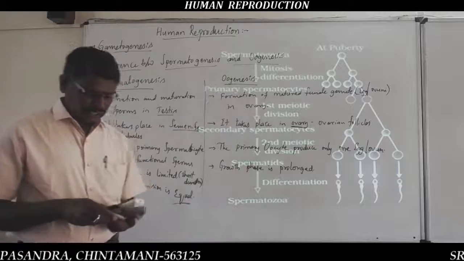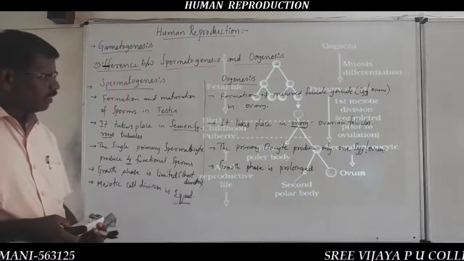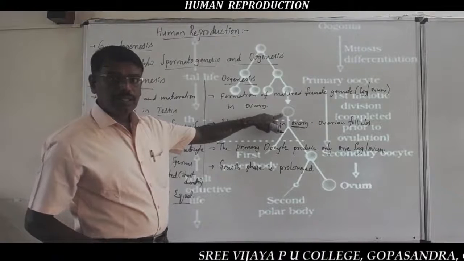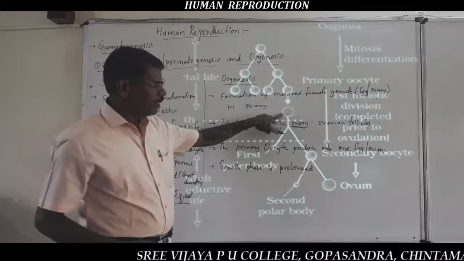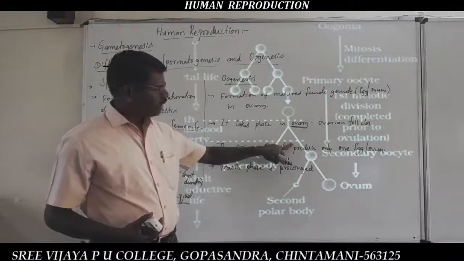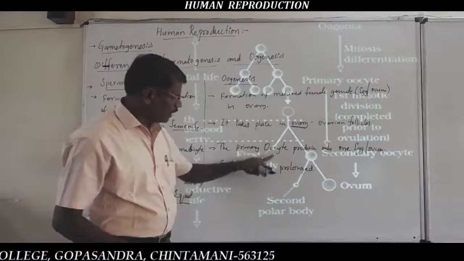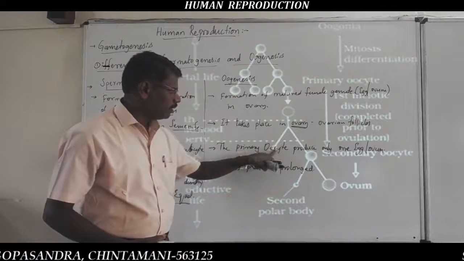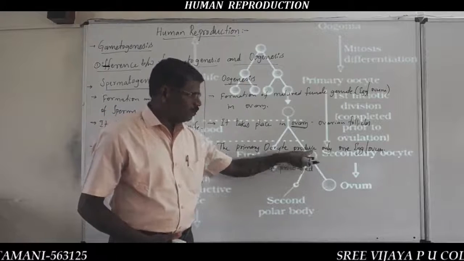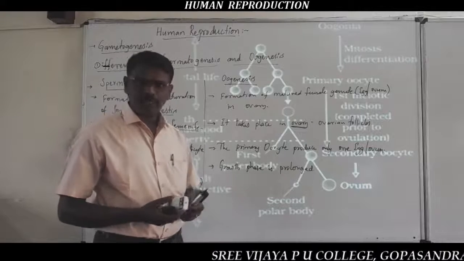But in oogenesis, see here, the primary oocyte involved in meiotic first cell division undergoes unequal cell division. A small polar body is formed and a large secondary oocyte is formed, as we discussed in the schematic representation of oogenesis.